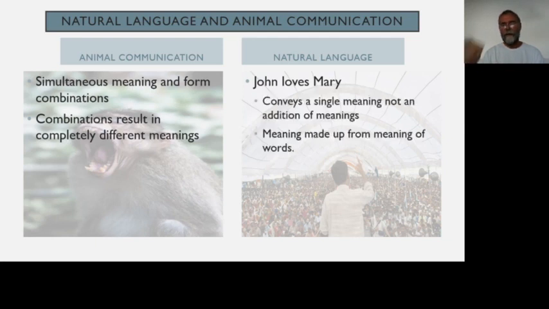It's not just a matter of there being a different meaning. With natural languages, it's clear that the meaning of the sentence has got something to do with the meanings of the words. You can understand the meaning of the sentence John loves Mary if and only if you understand the meaning of John, the meaning of love, and the meaning of Mary.